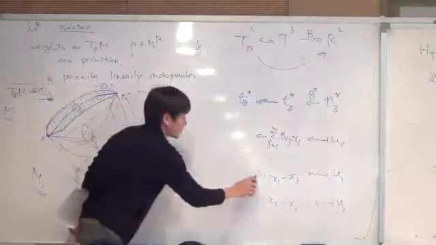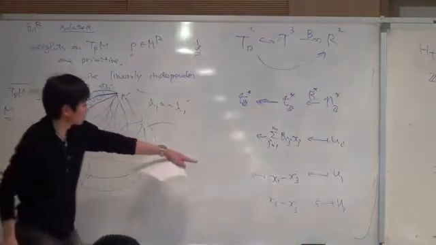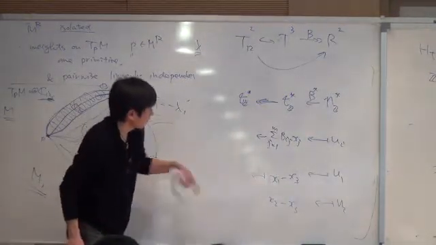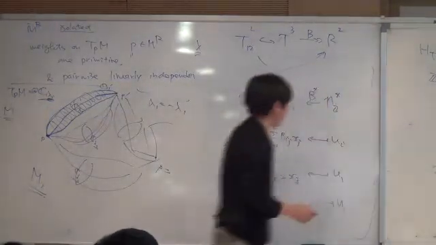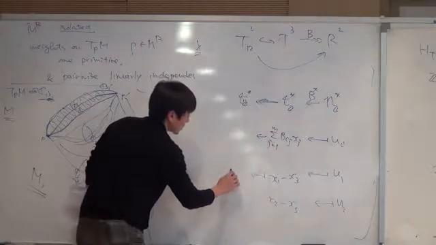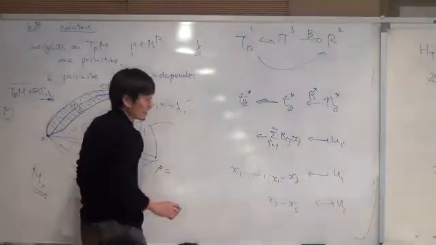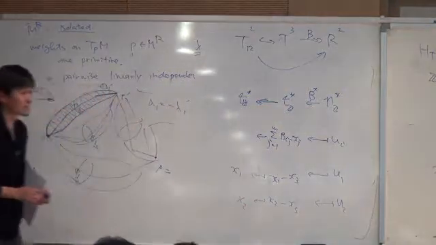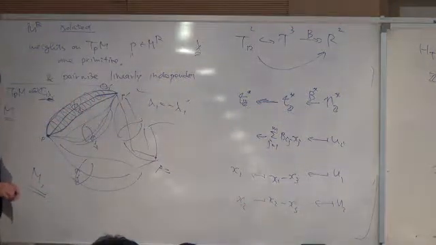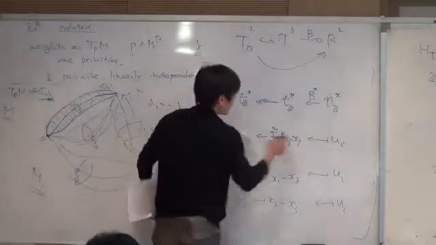And then U1 goes to, in this component, you're killing the x3 coordinate, so it goes to x1, and U2 goes to x2. And it seems this is this composition.